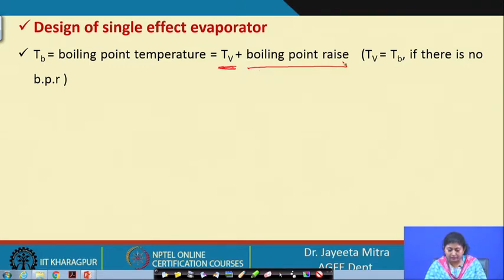So, the boiling point will be elevated. If there is no boiling point elevation, then Tv will be equal to Tb.